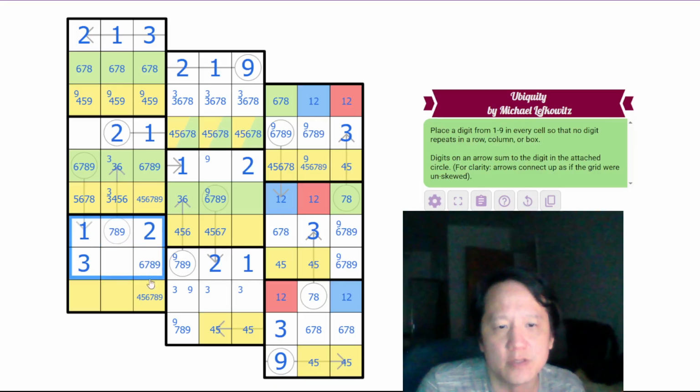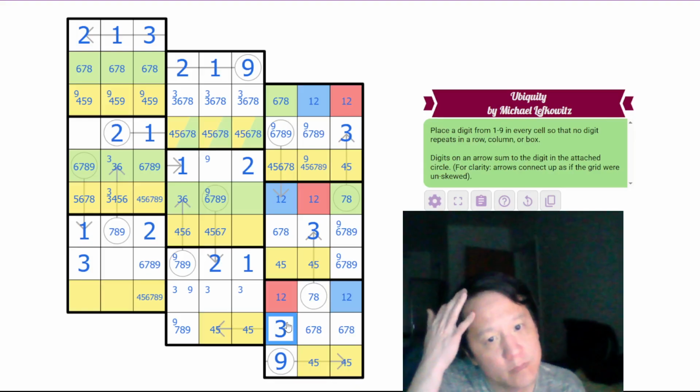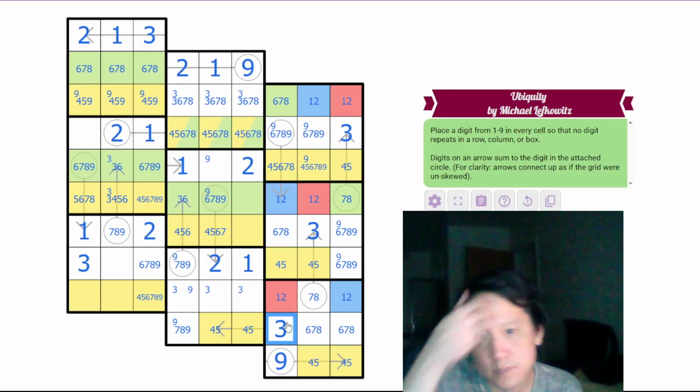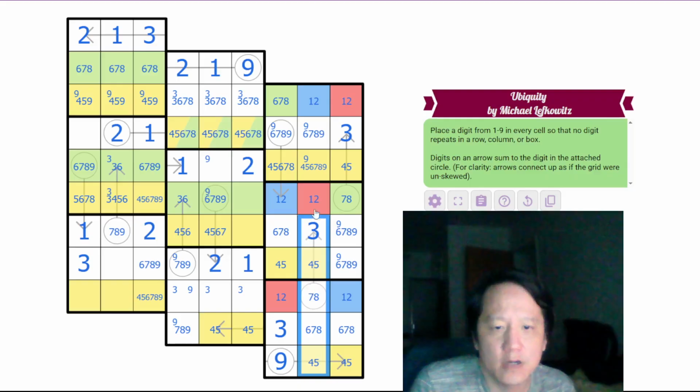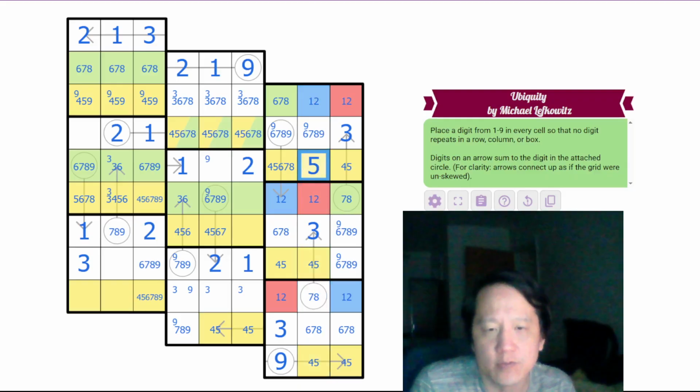It must be there. These 4 and 5 is a 4-5 pair in column 8, which eliminates 4-5 in the rest of the column.